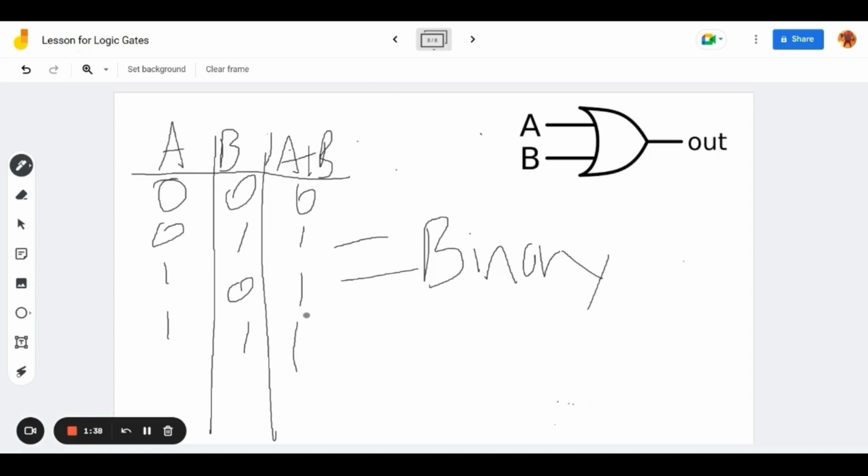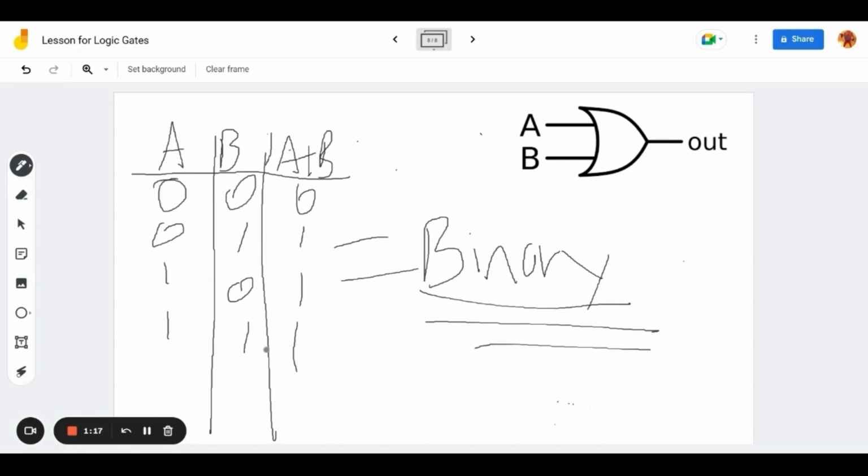So that's why we don't add up to 2 or 3 here. We are adding the numbers, but we don't get another value like 2 or 3 because it's binary, keyword binary. We get another one.